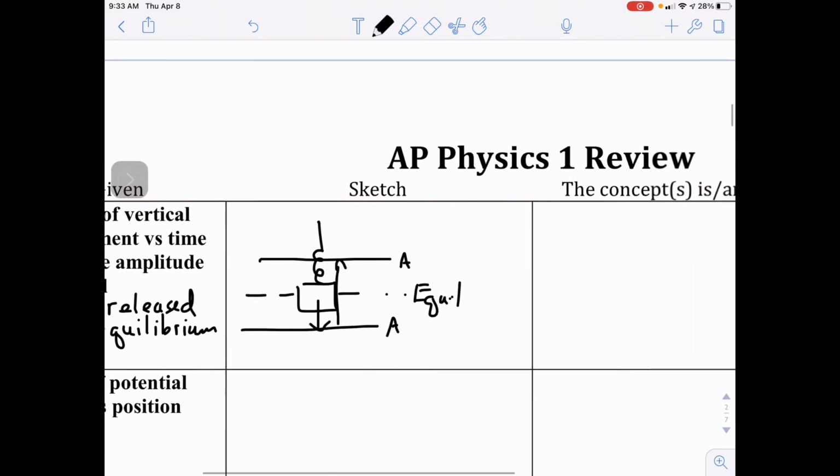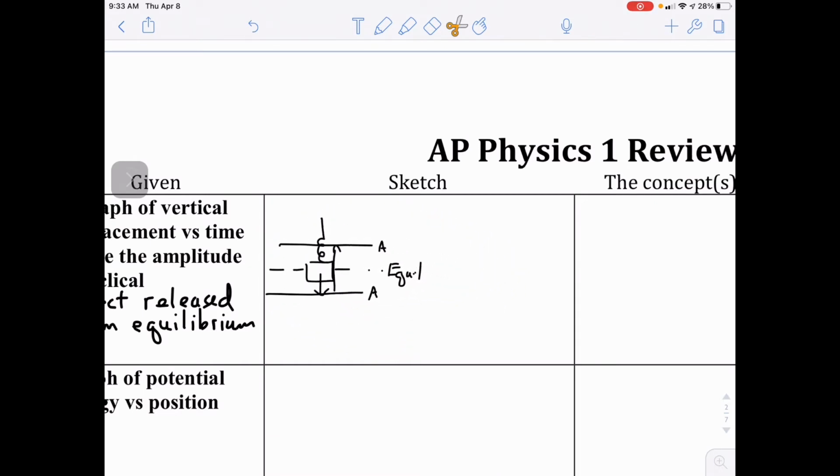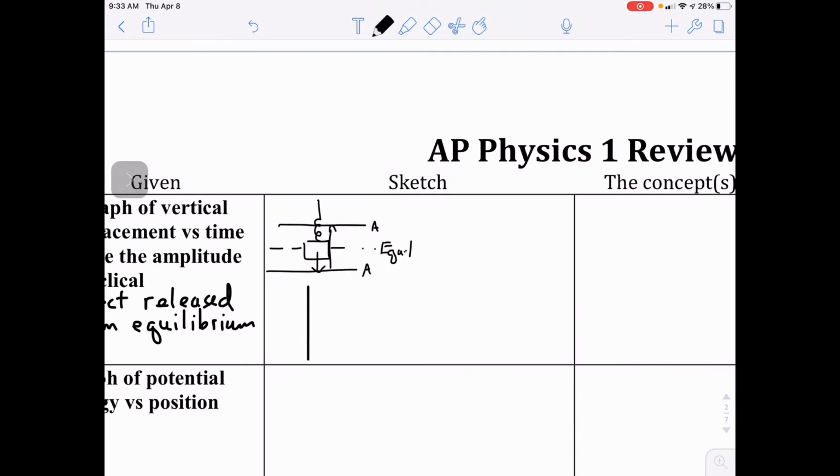So this would be a situation where you could be given a sketch, and I'll leave the sketch on here, or you could be given an image, but you could also be given a position as a function of time, but this time it would be a sine graph because you're starting from equilibrium.